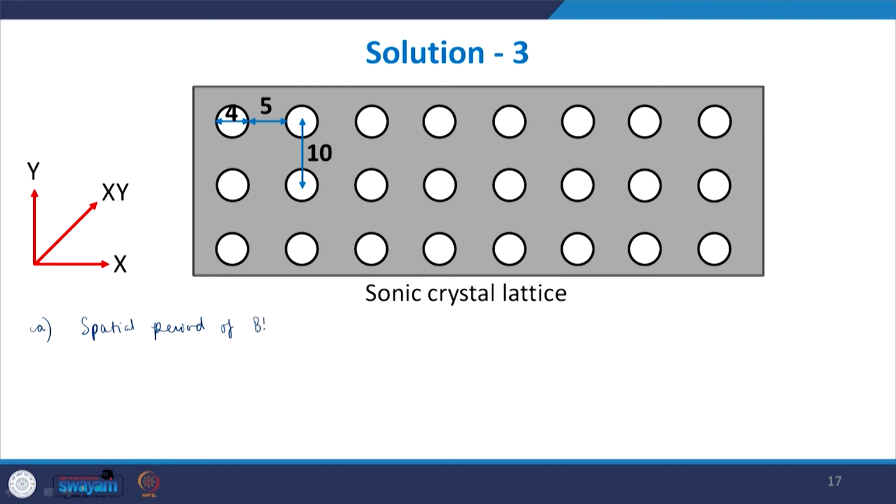So here, the spatial period of the Bloch wave when the incident wave, the wave that is incident on the crystal, is along the x axis, will be the same as the periodicity of the crystal along the x axis.